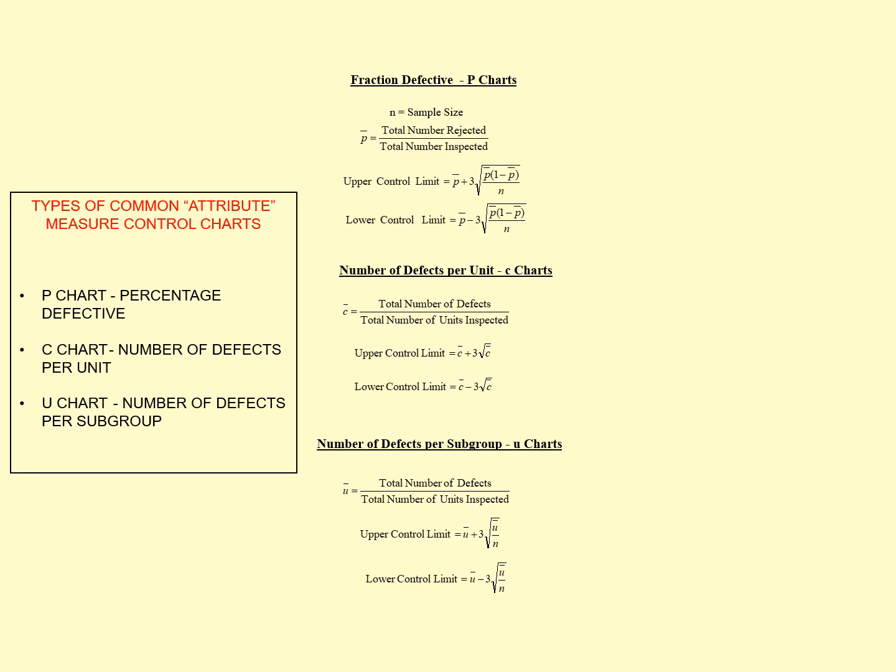So there are several different types of tools you can use for measuring attributes. We talked about the fraction defective. There's also something called a C chart, and that is also useful in certain situations. It's called the number of defects per unit. Let's just say you're building some complex product and you want to monitor the quality of the overall assembly, and it has many different components, and you want to measure that.